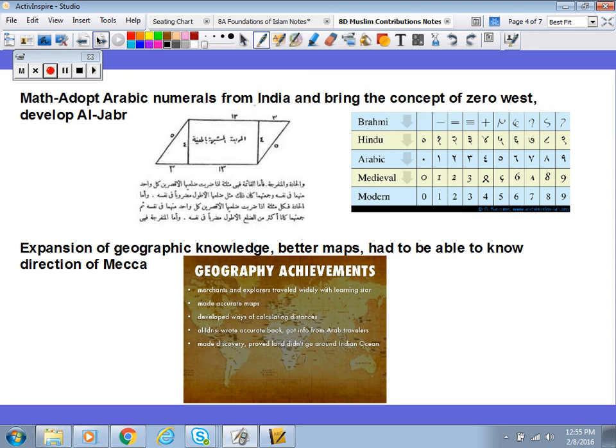Muslims will actually bring that concept west into Europe, and they come up with what we know as Arabic numerals, which, as you can see in that chart here, are the numbers that we write with today for the most part. They are modern descendants of Arabic numerals that are developed during the height of the Abbasid Caliphate.